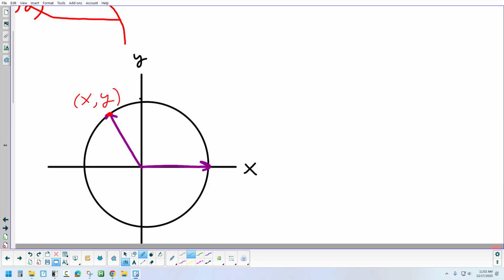As the angle changes, that coordinate changes. Every angle on the circle has a unique coordinate that represents it. Finding that coordinate is pretty straightforward as long as the angle you're working with is a multiple of a 30 or a 45. If the angle is not one of those multiples, then this idea of unit circle trig and trying to find a coordinate doesn't really work.